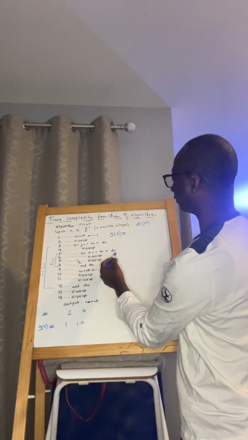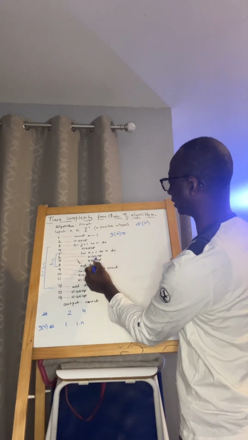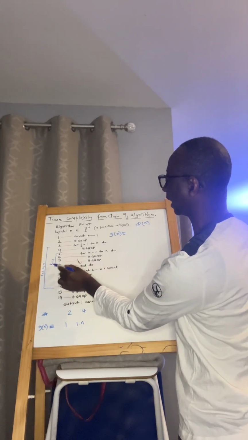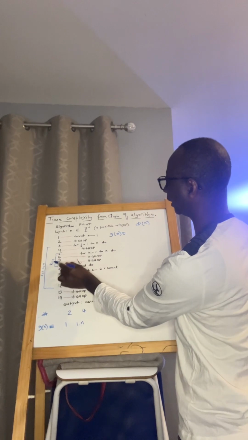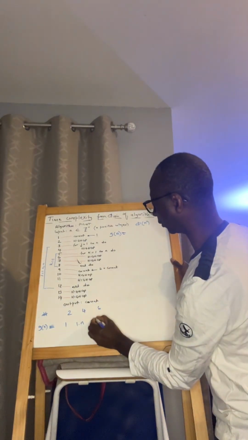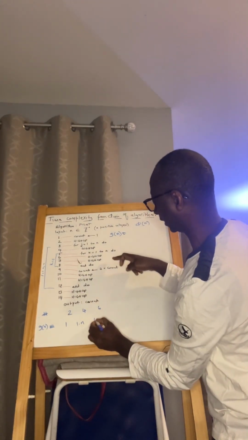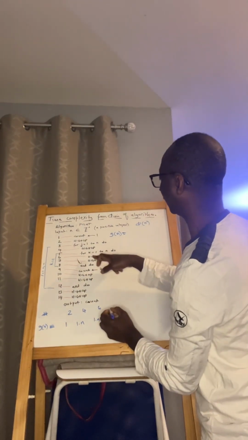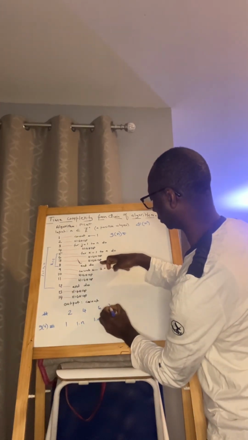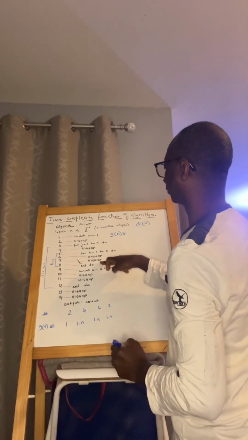So then line 5, we come to line 6. Line 6 again has this loop here, k equals to 1. So line 6 will run 1 times n again. And line 7 again will run 1 times n again.